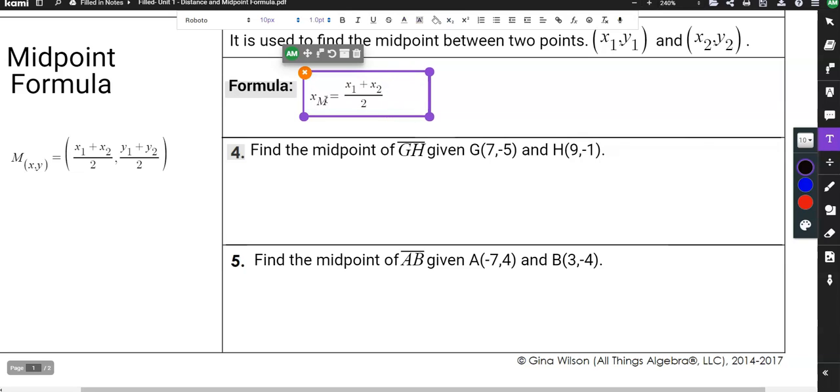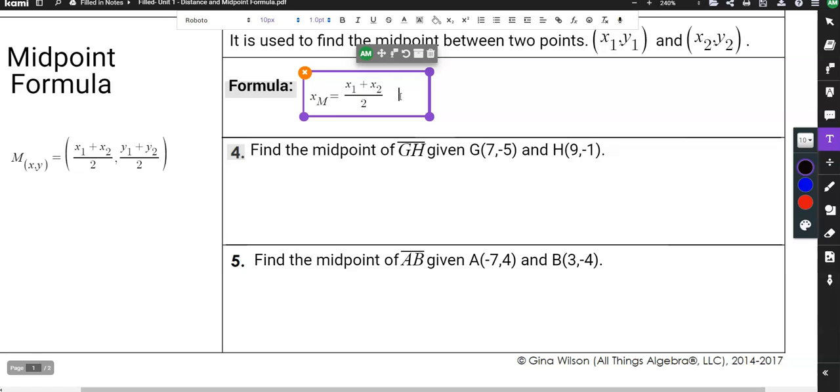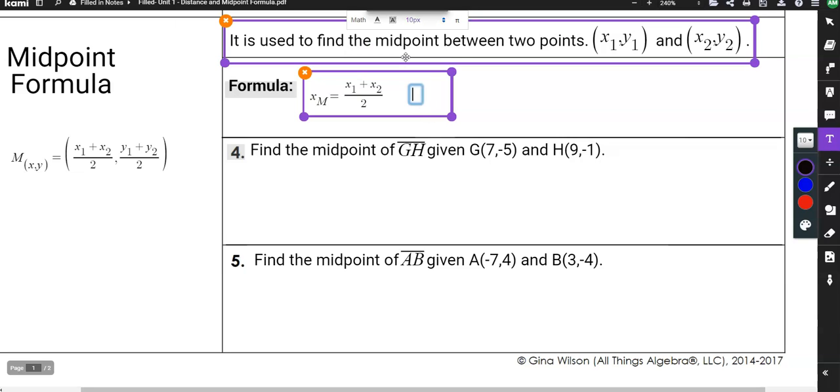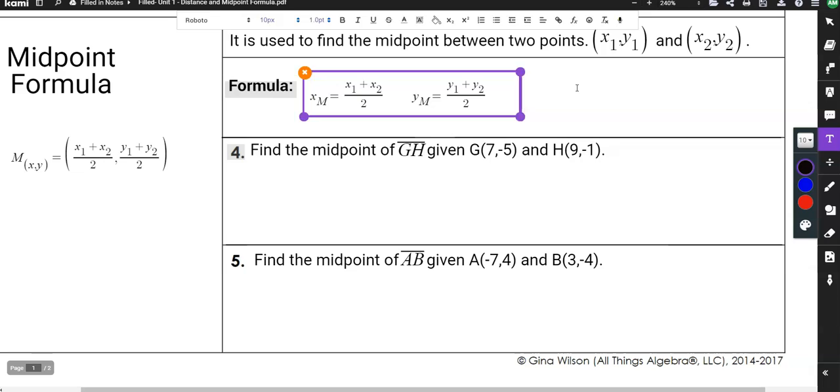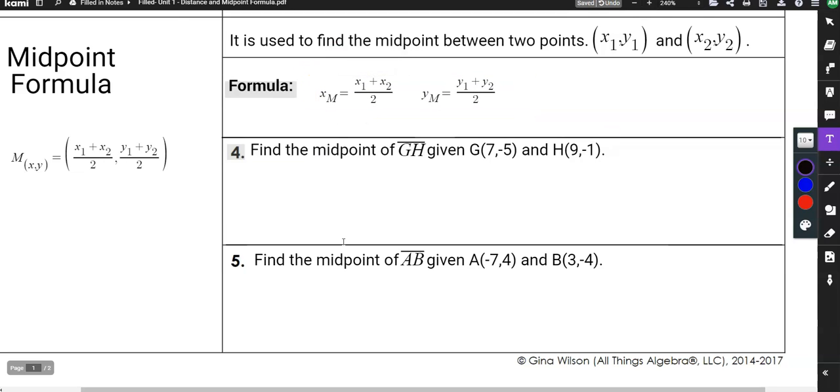And then we're going to add the y version. So again, y of the midpoint is going to be equal to, fraction bar first, y1 plus y2, and we're going to divide that by 2 as well. Like I said, this is going to make it easier for us to go backwards with.